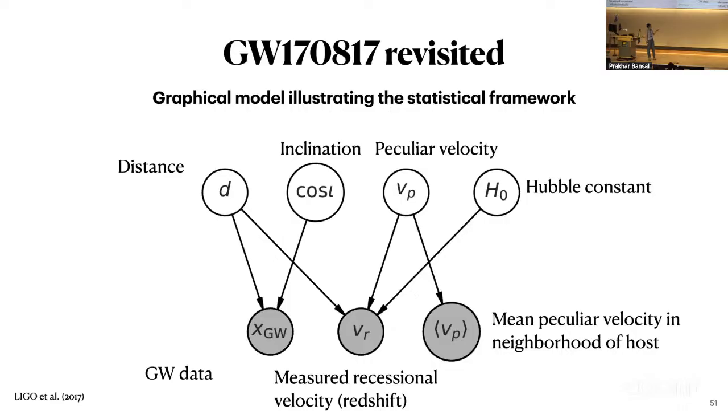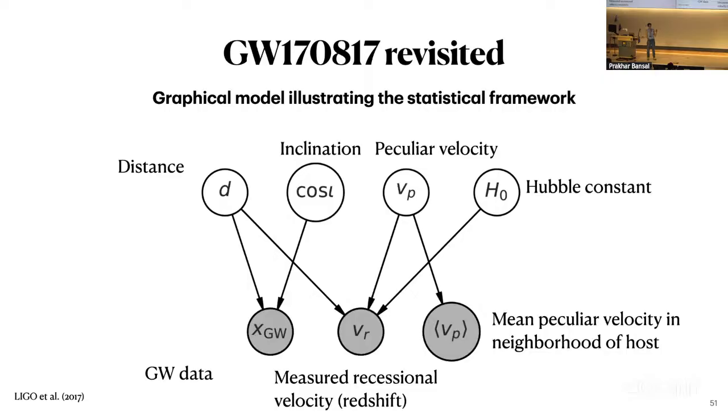And then these are underlying true parameters that we don't have direct access to. These are the physical parameters that we want to infer. There's the distance to the gravitational wave source.